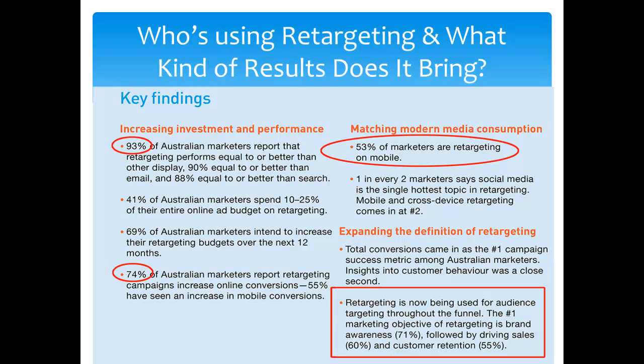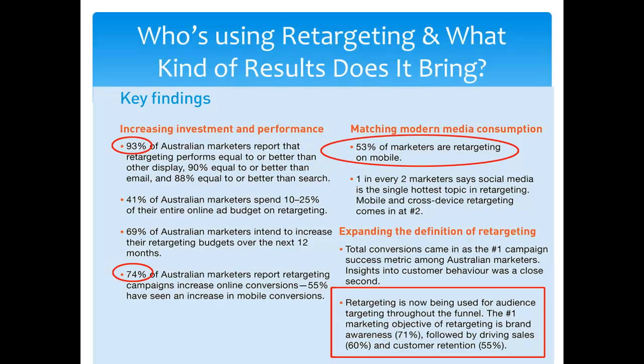It's interesting to note that 53% of marketers are also retargeting on mobile devices now. So it's happening in a big way. Whilst a lot of small businesses aren't doing it, it's starting to pick up and become a lot bigger.